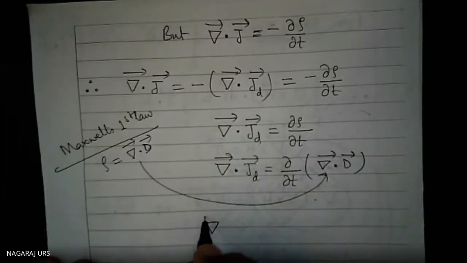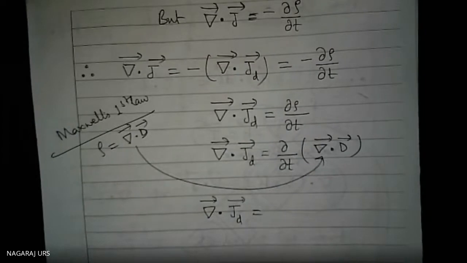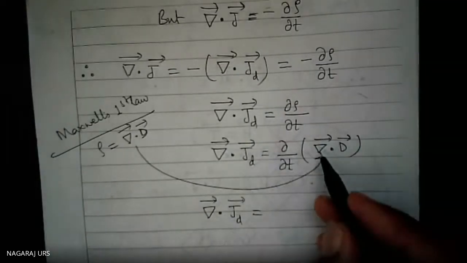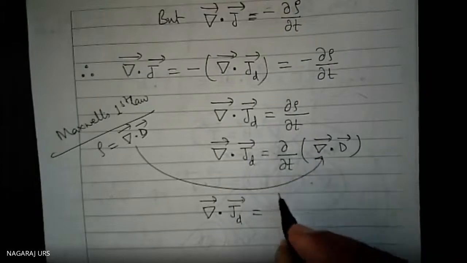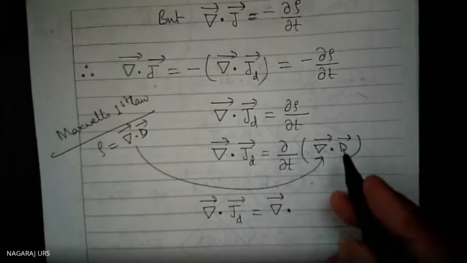Therefore, del dot Jd is equal to, applying the concept, I will take this operator outside here. Del dot, I will take the differentiation here.